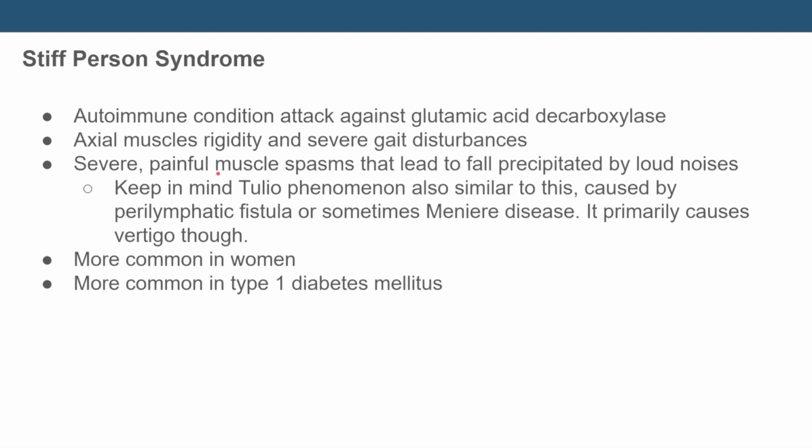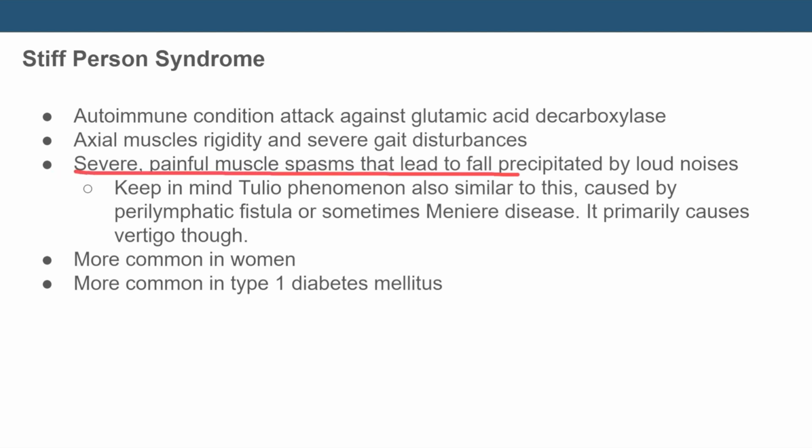Another condition that is rare is stiff person syndrome, and this is going to be an autoimmune condition attack against glutamic acid decarboxylase in the body. It's going to present with axial muscle rigidity and severe gait disturbances. So the classic feature of this is severe painful muscle spasms that lead to fall, precipitated by loud noises.